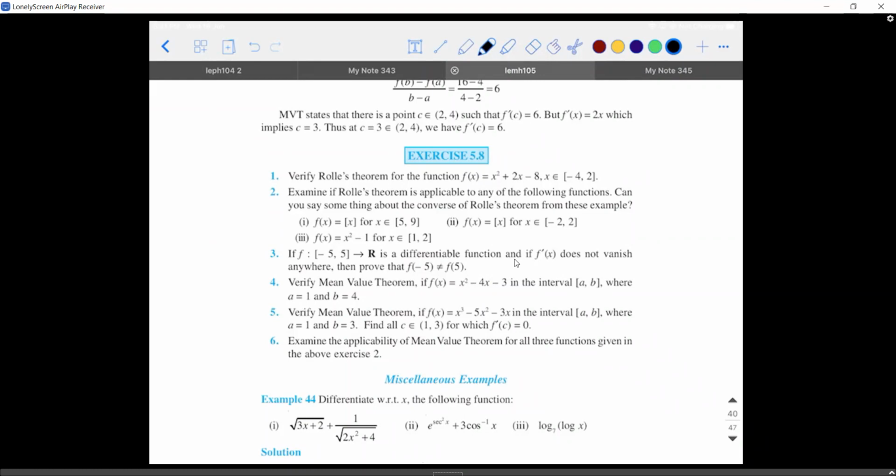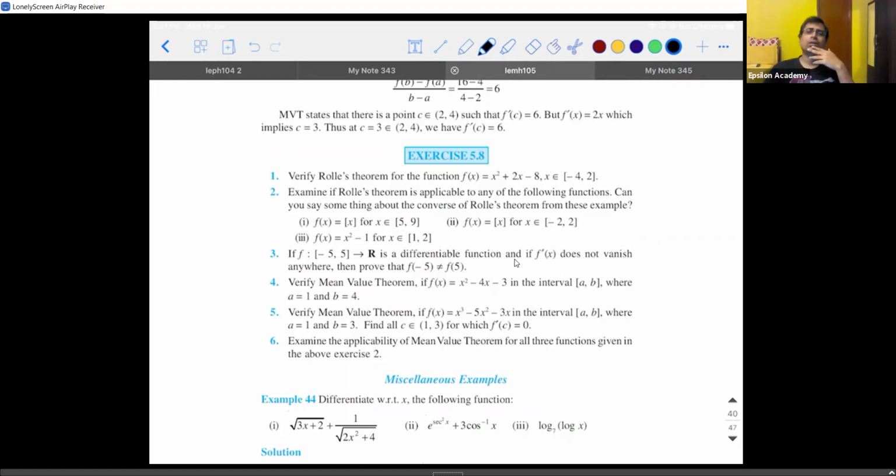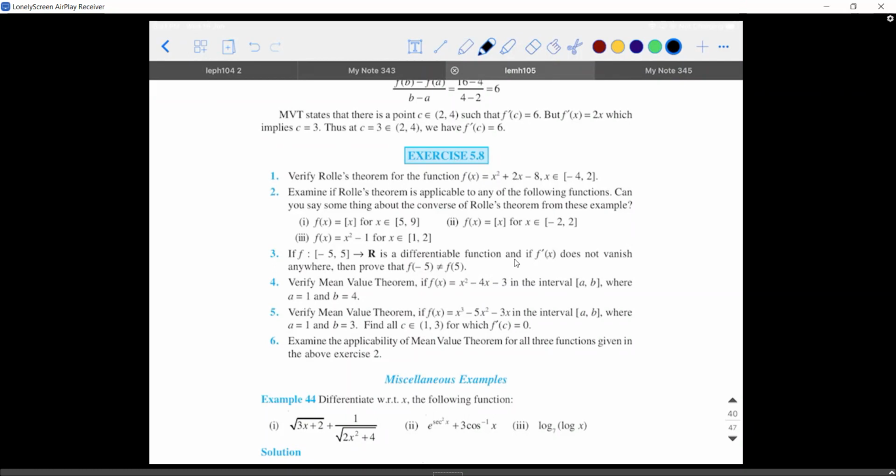Just check. f of minus 4 is 16 minus 8 minus 8, that is 0. F of 2 is how much? Guys, check it properly. So f of 2 is 0, it's coming, sir.